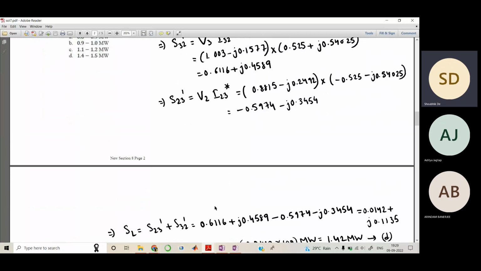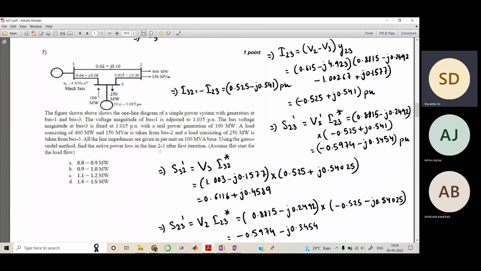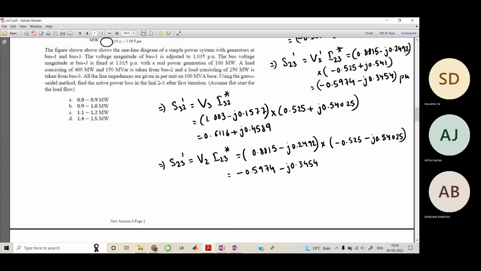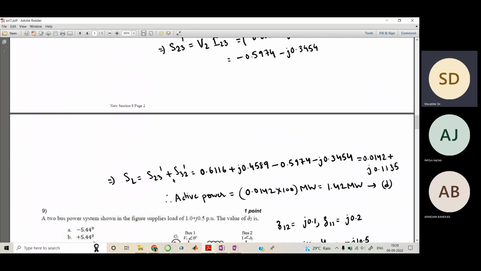Now loss would be what? From the basic concept, it would be the total apparent power at this bus due to current flowing from 2 to 3, minus the apparent power at this bus due to current flowing from 3 to 2. That is why we have taken a plus of it.